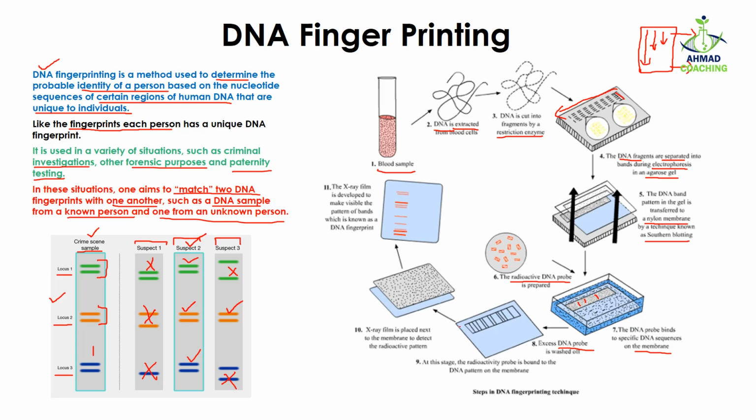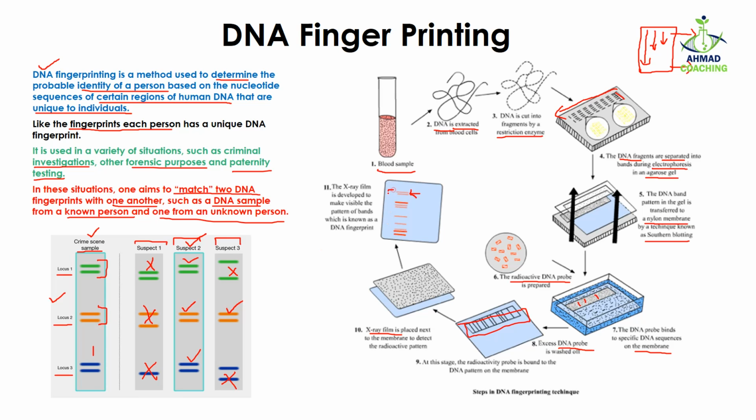After that, we place an X-ray film on this membrane, and the X-ray film captures the radioactivity from the probes which are bound with these DNA samples. Then we remove the X-ray film, and we can see visible bands on it, and these bands are known as the DNA fingerprint, just like this one.